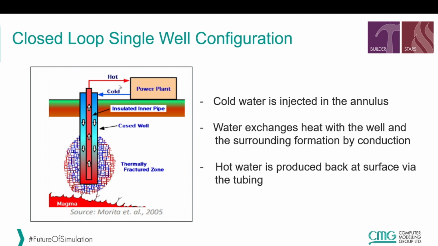The idea is to inject cold water from the top of the well into the annulus of this well and reproduce the same water back to surface via the tubing of the same well without the water entering the formation. The idea here is to extract heat from the formation via conduction and exchange this heat at surface.